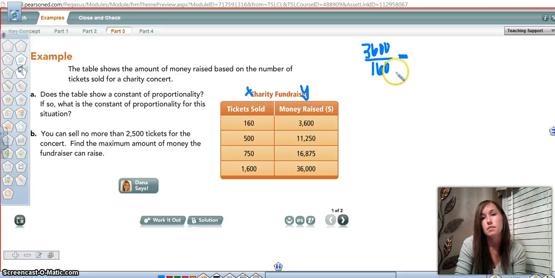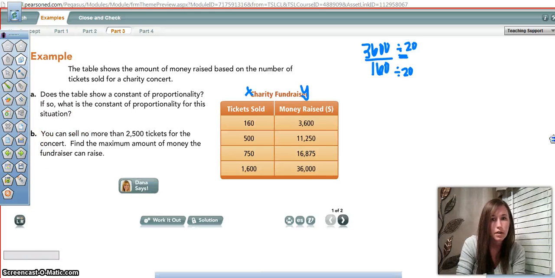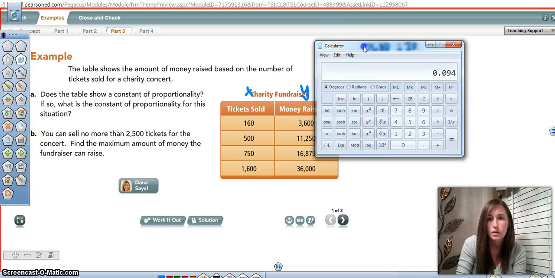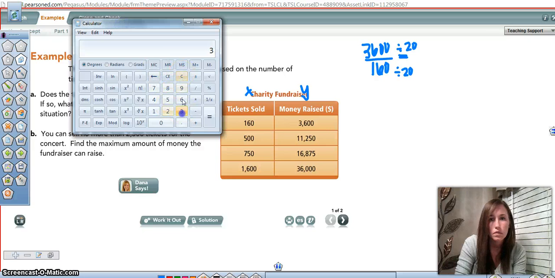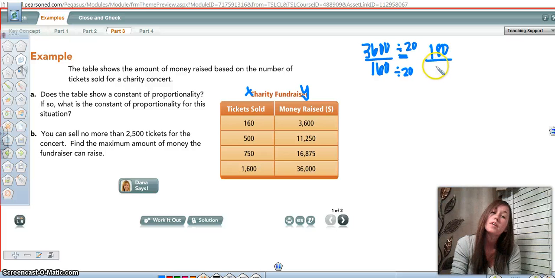Let's see, we could just kind of want to start reducing this. And that would be what? 5, 6, 7, 8. Reduce this more.